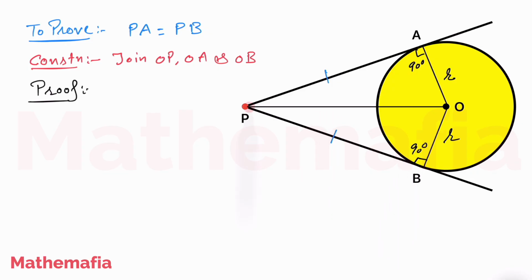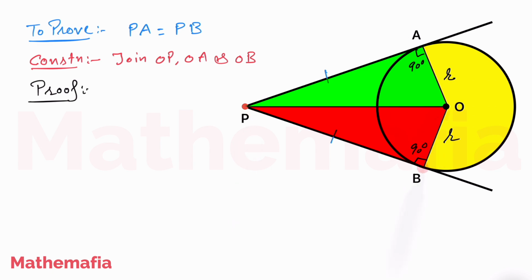So now we are going to prove that triangle POA and triangle POB are congruent. So in triangle POA and triangle POB, we know that the measure of angle PAO is equal to measure of angle PBO.